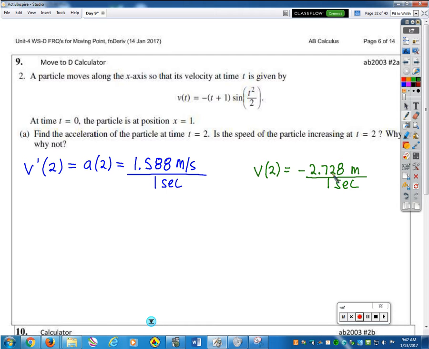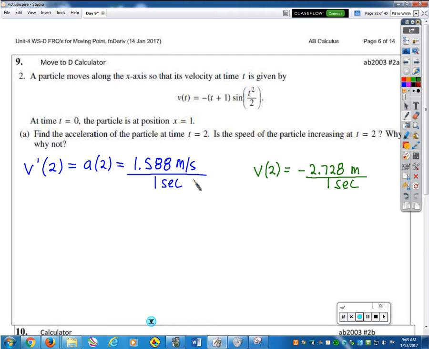One second from now, the position will be negative 2.7 meters down from where it currently is, or left from where it currently is, depending on how the particle is traveling. That's the meaning of the word velocity. It is the rate that the position is changing at.